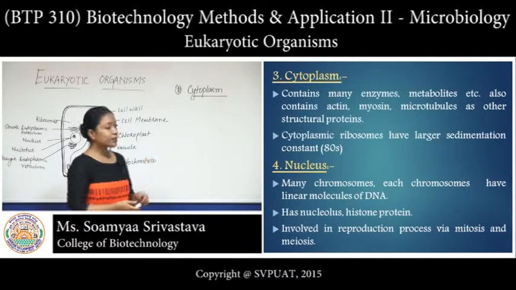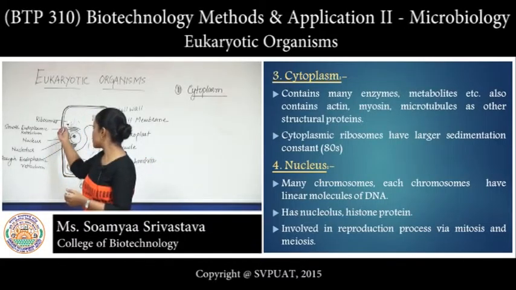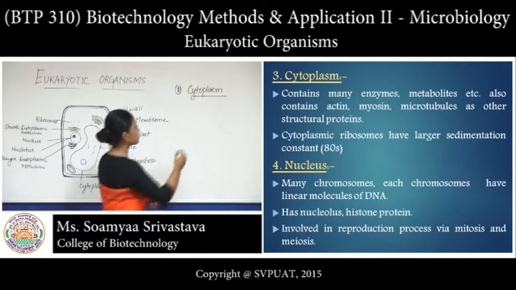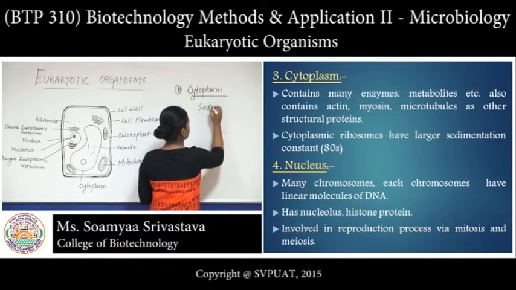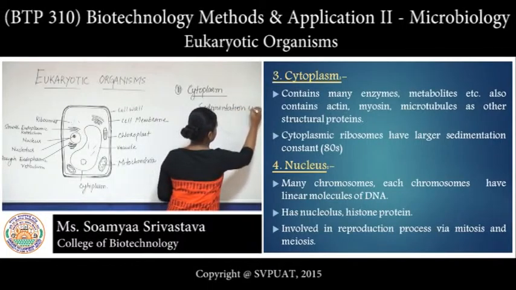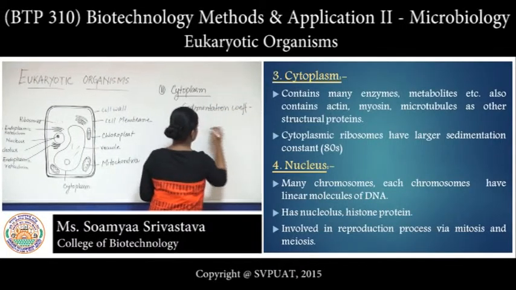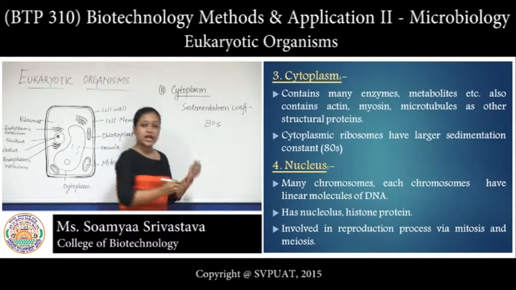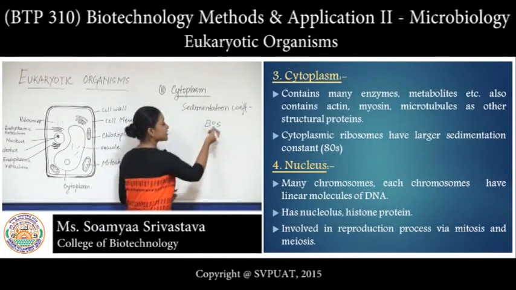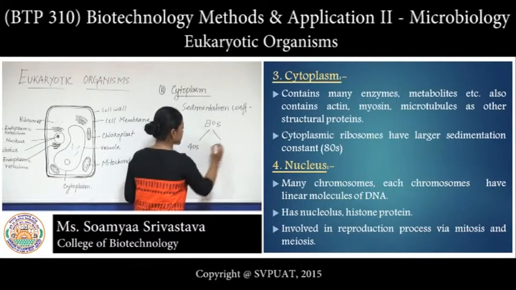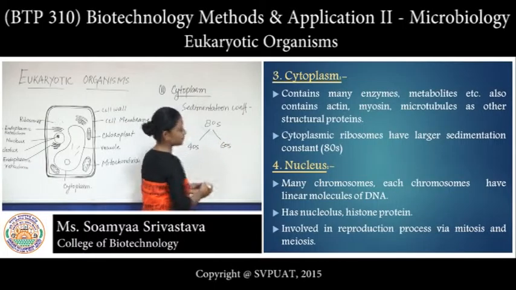The cytoplasmic ribosomes have a sedimentation coefficient of 80S, where S is termed the Svedberg unit, and they are divided into 40S and 60S subunits.